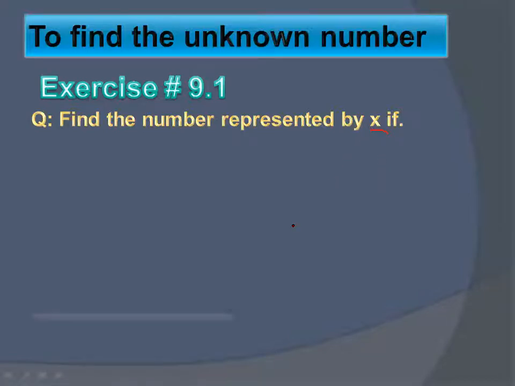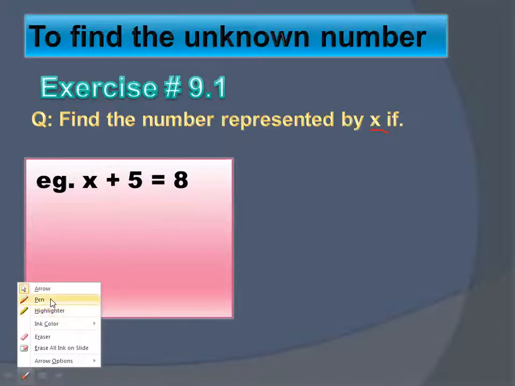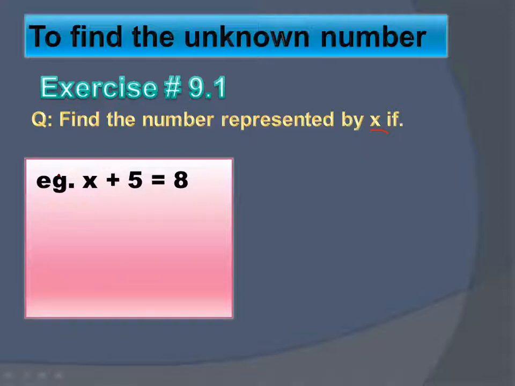Just suppose you have x plus 5 is equal to 8. The whole thing is called an equation. Here you have a variable x, the operation plus, and this 5, which is your constant, and then equal to 8.